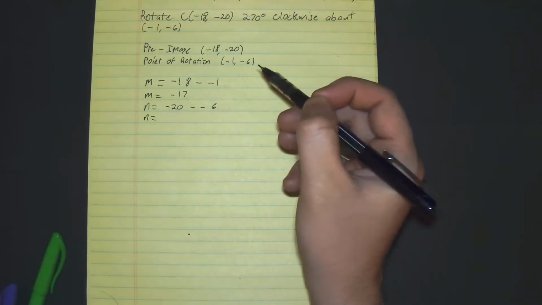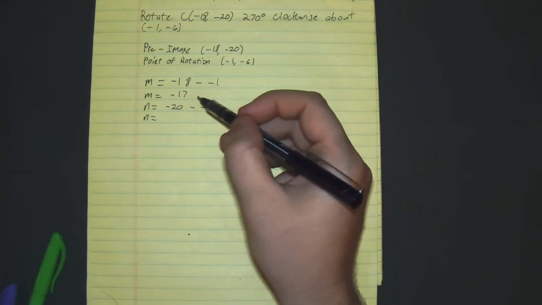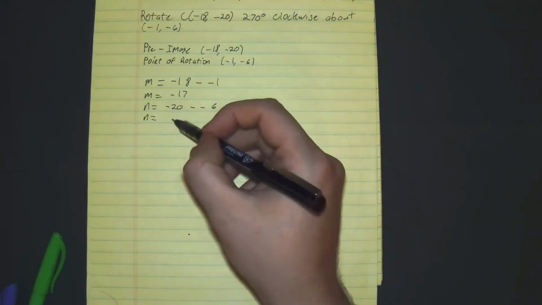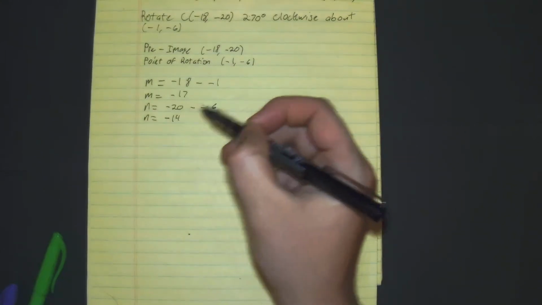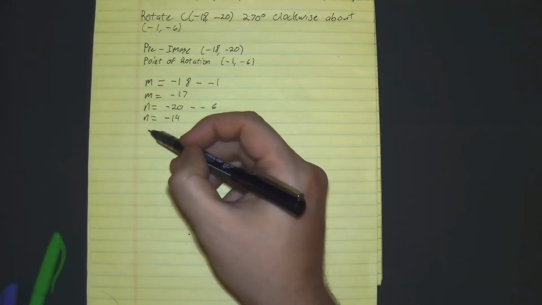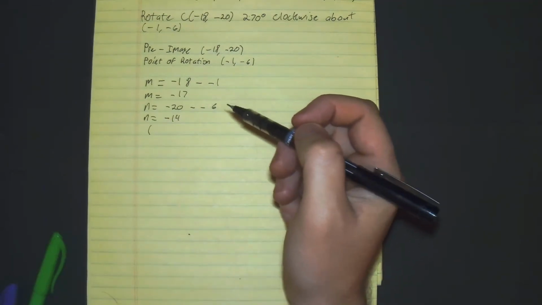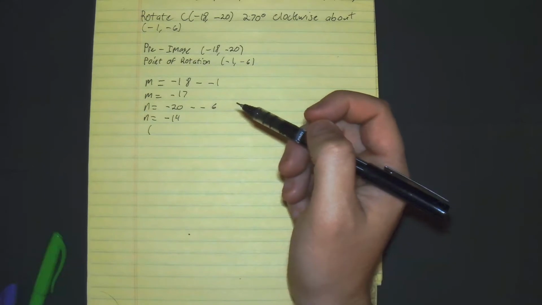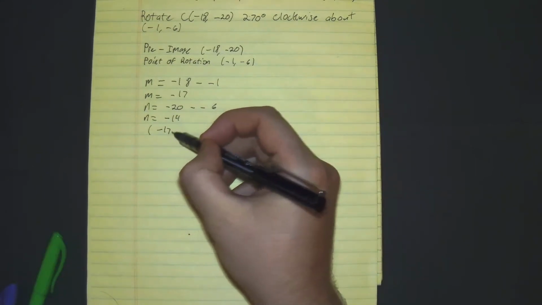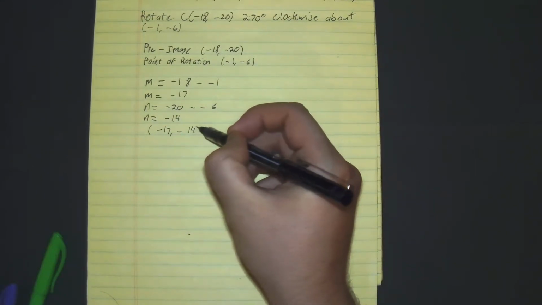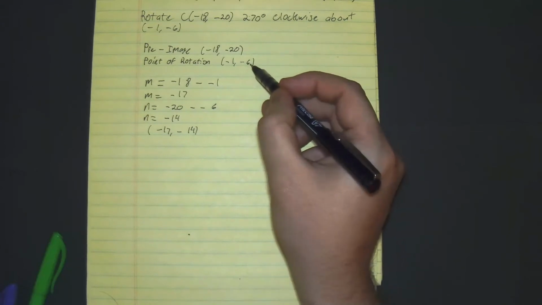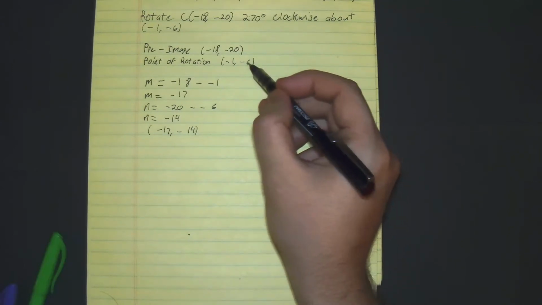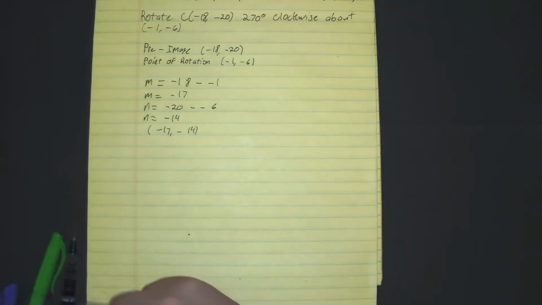You get N is equal to negative 20 plus 6, negative 14. So the location of this point would be at negative 17, negative 14, assuming the point of rotation was at 0, 0. Okay.